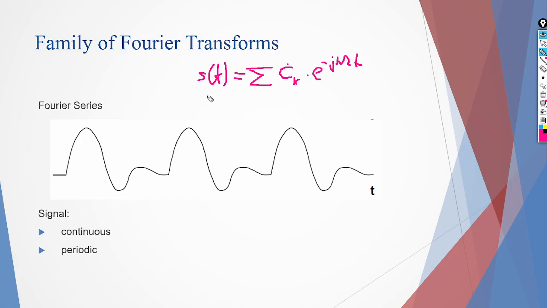Now, in order to find the C component, however, you still have to calculate an integral. That's it: signal of t multiplied by e to the power, here we have plus, here we have minus.